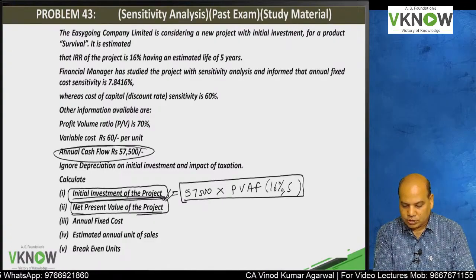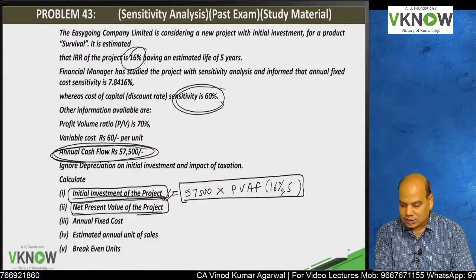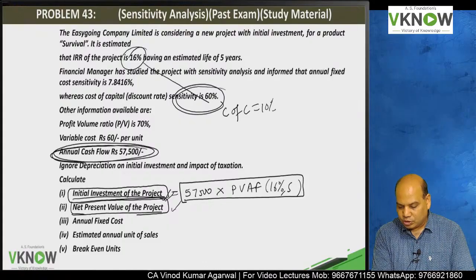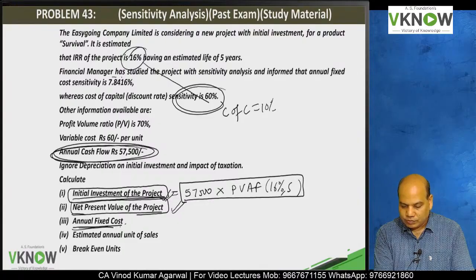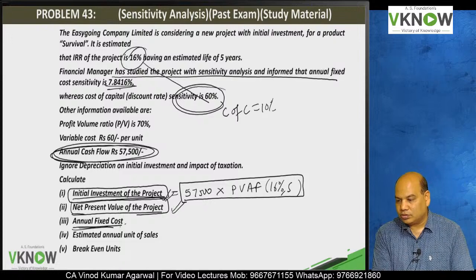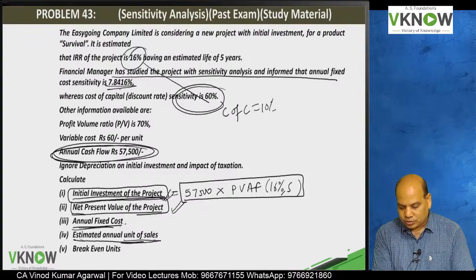Annual cash inflow is 57,500. Using IRR and using cost of capital sensitivity, your cost of capital will be 10%, and you can find NPV also. Then you can find annual fixed cost using the sensitivity of fixed cost given to you. You can compute annual unit of sale also.